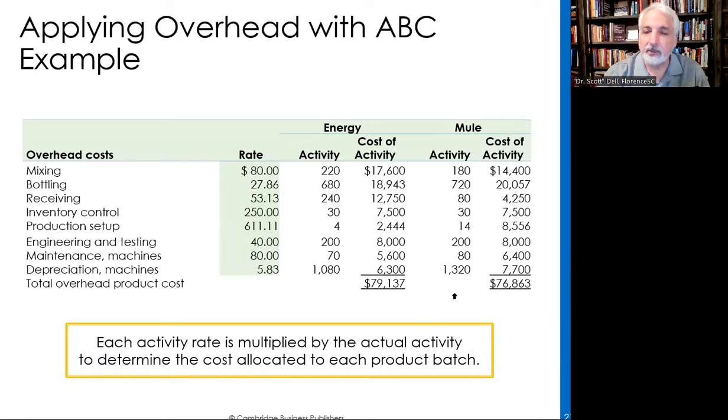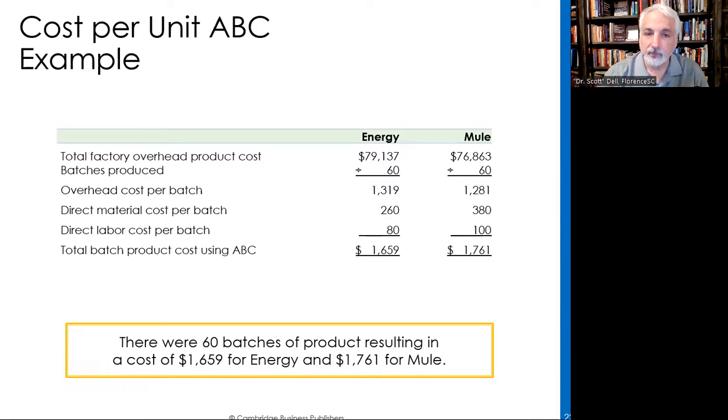And we multiply that out. And now we have, instead of one standard rate, 8 different totals that we need to tally. Each activity rate is multiplied by the actual activity to determine the cost allocated to each product batch. So each batch can be associated separately and get totaled accordingly.